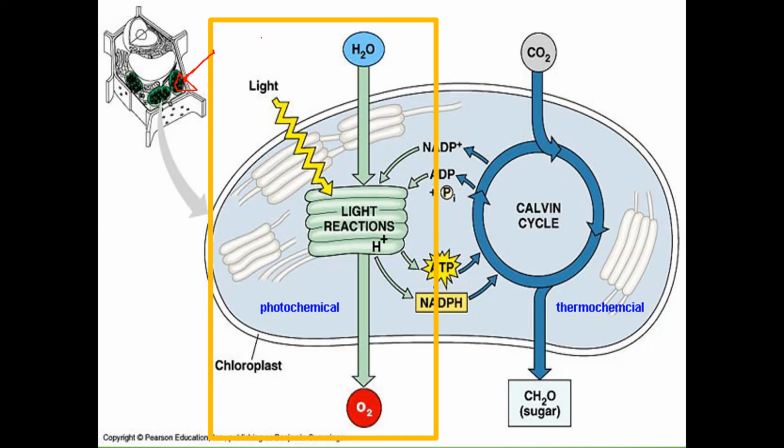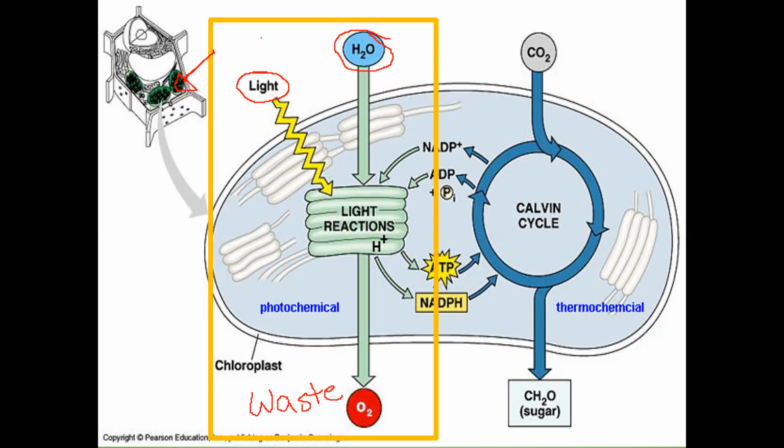So notice we have light, we have water, and we have the waste product, O2. But remember, this O2 is going to end up being really important later on because we're going to study heterotrophs, and they, of course, use this O2 as a life-sustaining item.